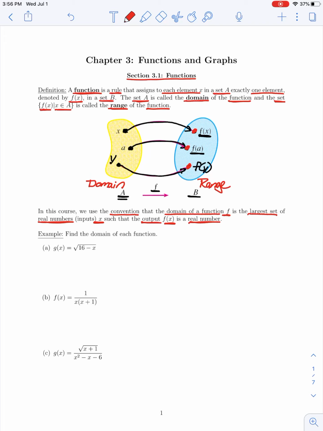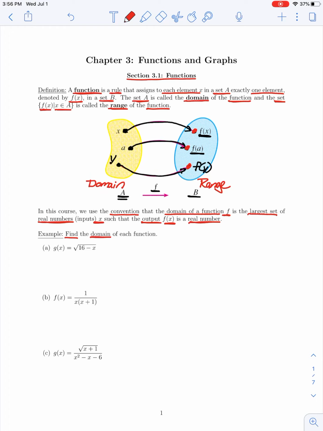So we're only considering real inputs such that the value of our function would be defined as a real number. So having said that, let's look at the following example where we're given a function and we are asked to find the domain of that function.